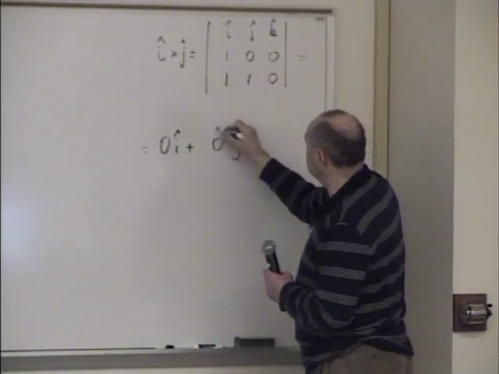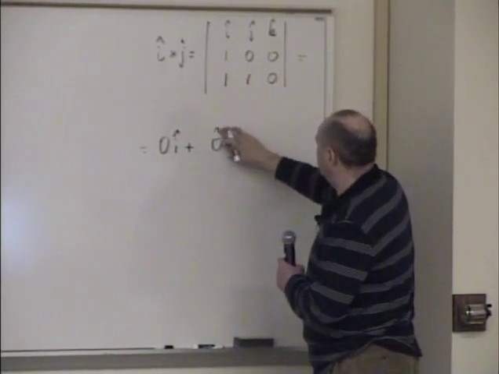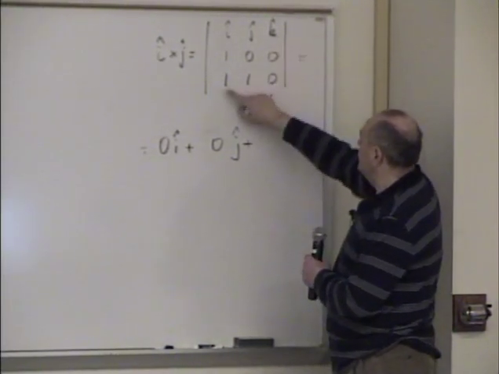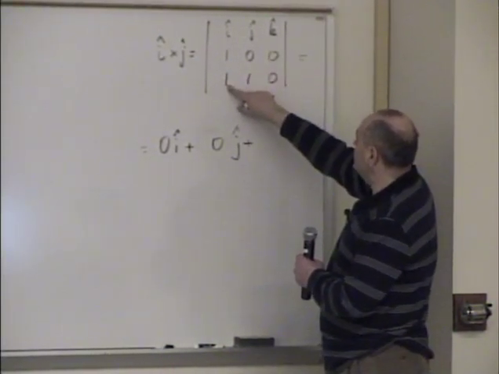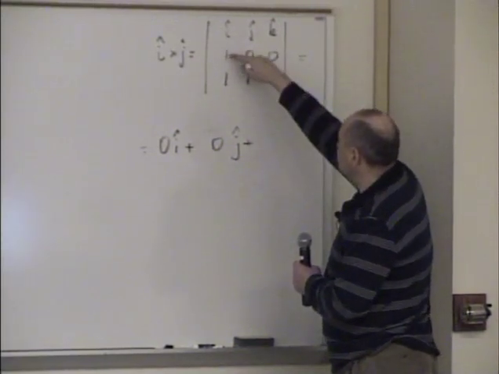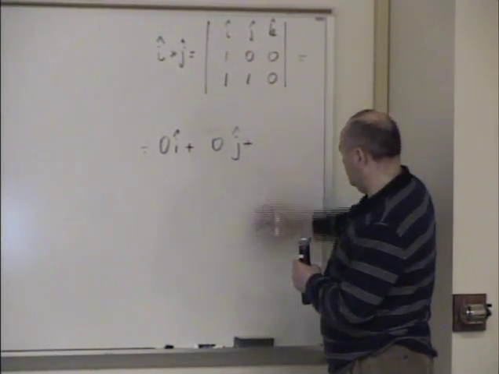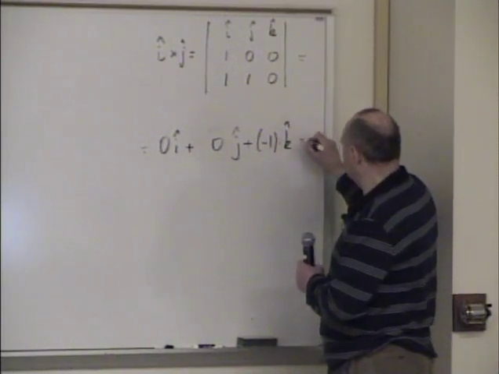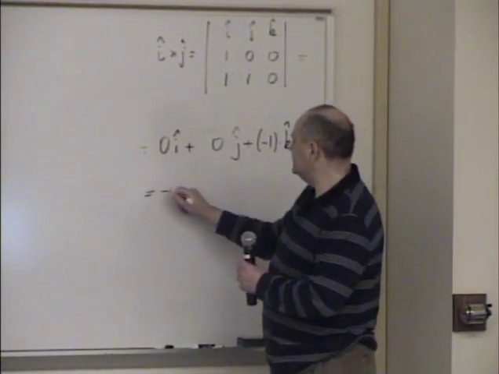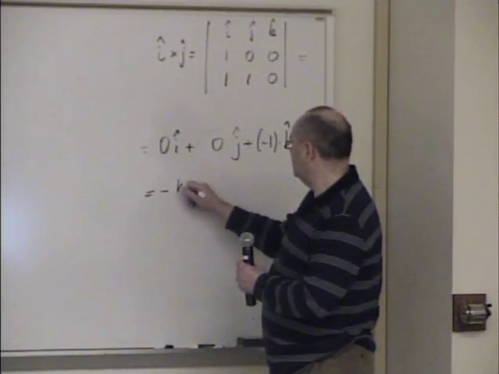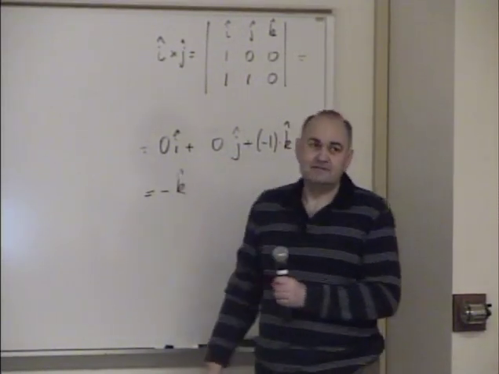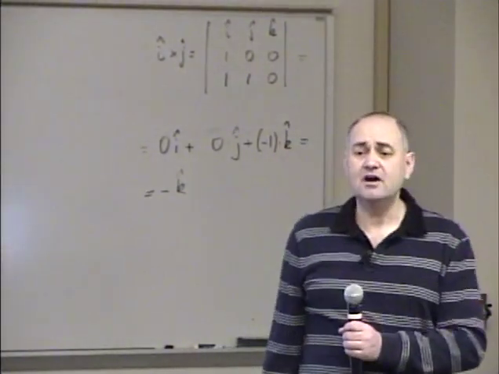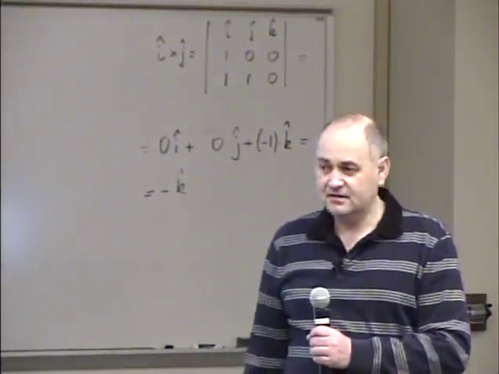So it will be 0 here as well. Plus, now for k, I will have 0 times 1 minus 1 times 1. So it will be minus 1 times k, which means that the result is going to be minus k.